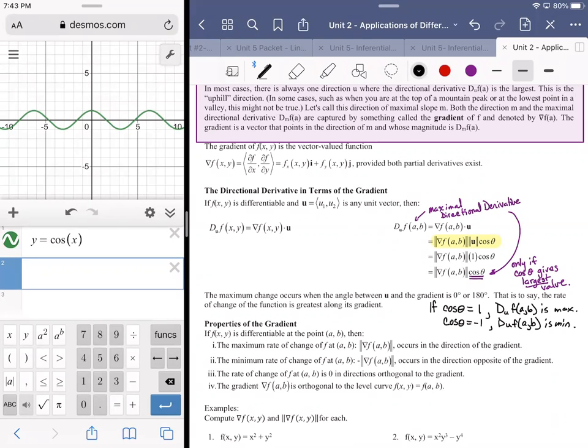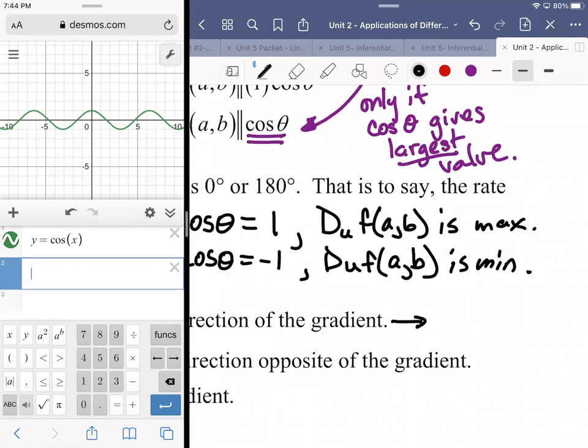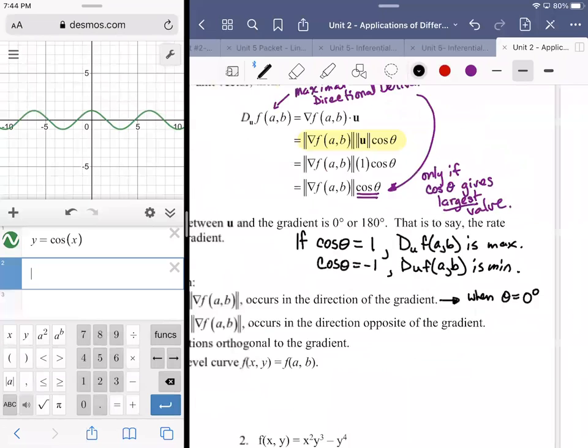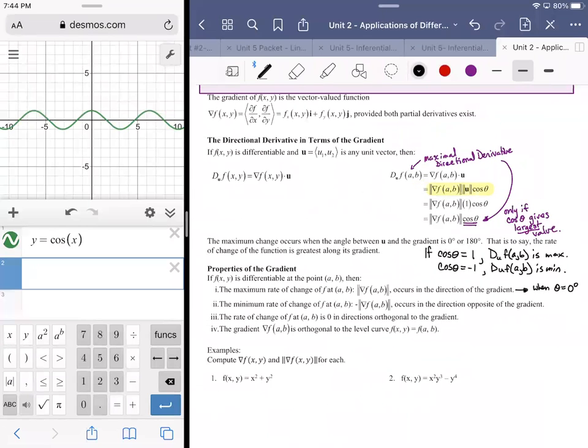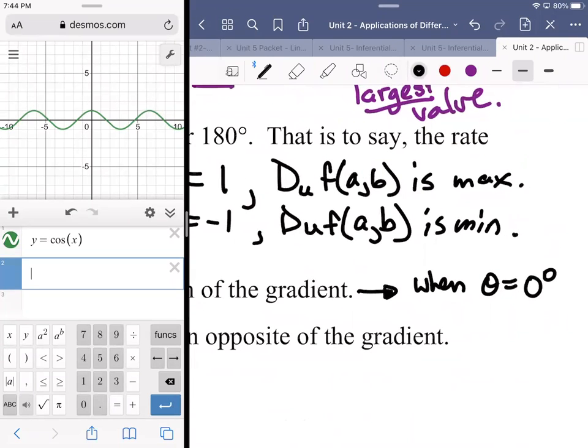The maximum rate of change occurs in the direction of the gradient, but specifically when theta is equal to 0 degrees. The minimum rate of change happens in the direction opposite of the gradient, and that is when theta is equal to 180 degrees.